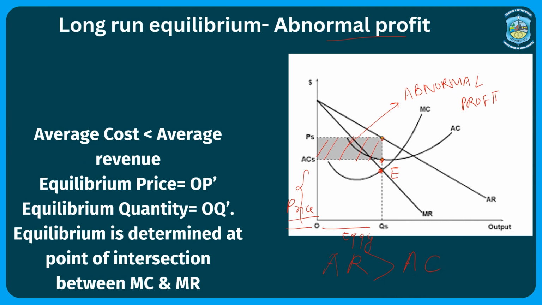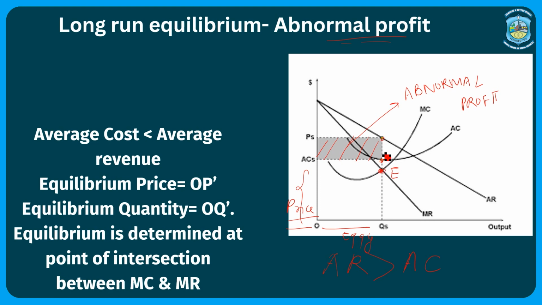Now talking about the long run equilibrium. Due to the freedom of entry and exit, the firms earn normal profit in the long run. Now in case of abnormal profit, the average revenue is greater than the average cost. Equilibrium is determined at E because MC and MR intersect each other.